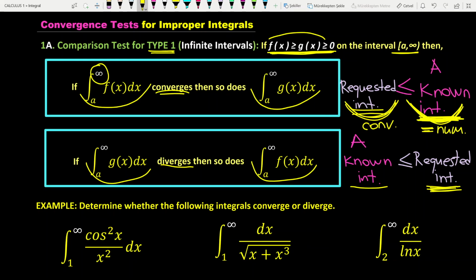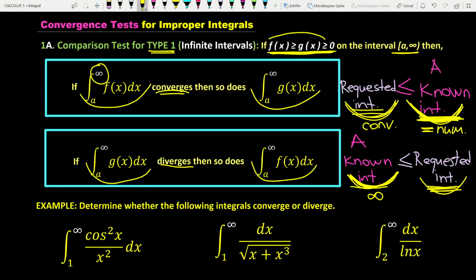Now, assume that the answer of the smaller one is infinity, not a number. If the answer of the smaller one is infinity, what can we say about the answer of the greater one?